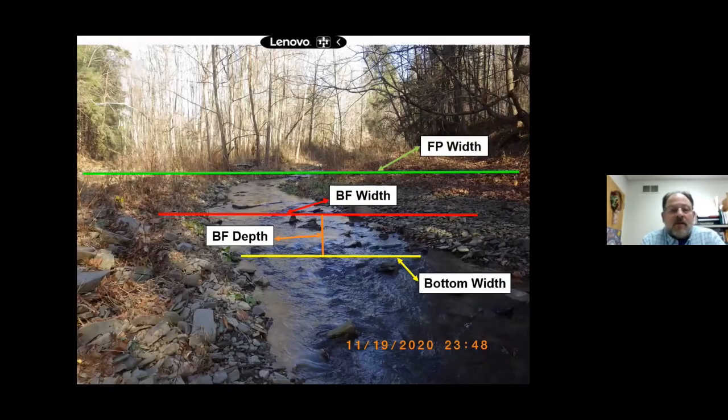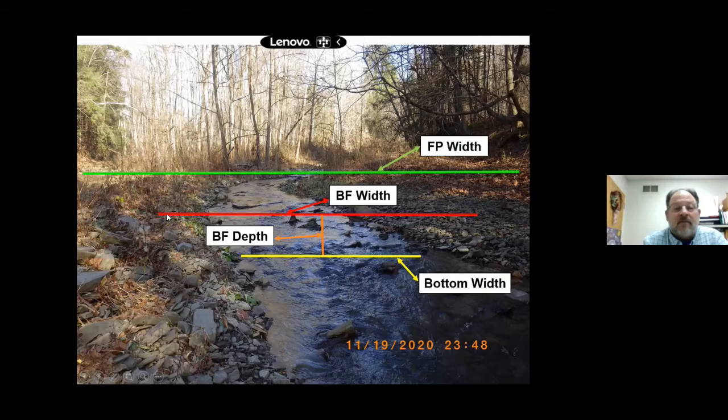So here's a slide showing basically some of the measurements we're looking for. So we're trying to survey where bottom width of the channel may be within that riffle. That's that yellow line. So it would be from the edge of flow to the edge of flow probably. The bank full depth is going to be where the deepest part of the channel is to where the bank full discharge occurs.